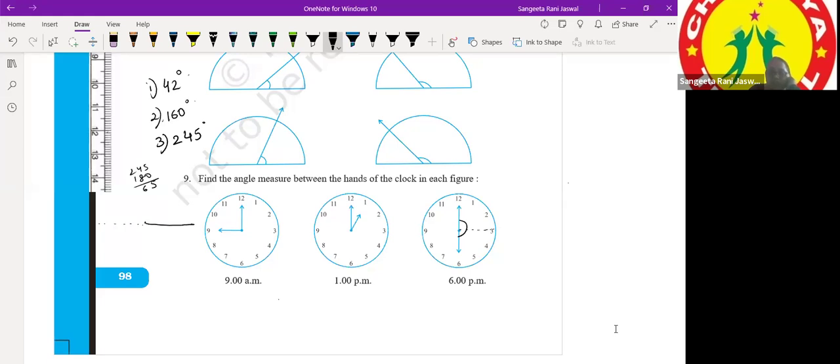So 65 degrees more you have to measure. From 180 degrees, you keep your protractor towards the lower side like this. And then you will measure 65 degrees further. So when you count from here 180 and further 65, this will become your 245 degrees. Okay. Yes, ma'am.